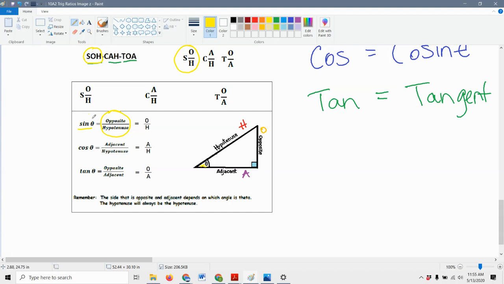What about cosine? Well, cosine, again, is also with respect to theta, very specifically. When we're talking about trig functions, they are with respect to a very specific angle. The cosine of theta is equal to adjacent over hypotenuse.